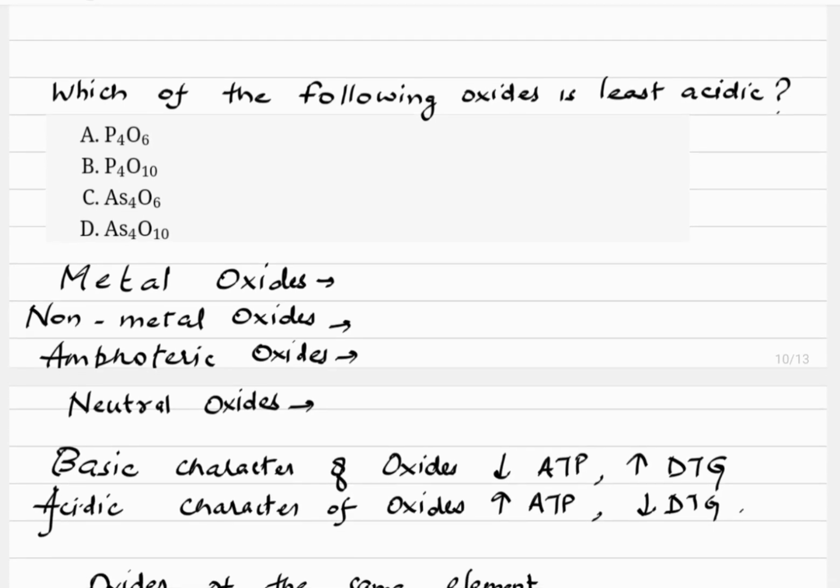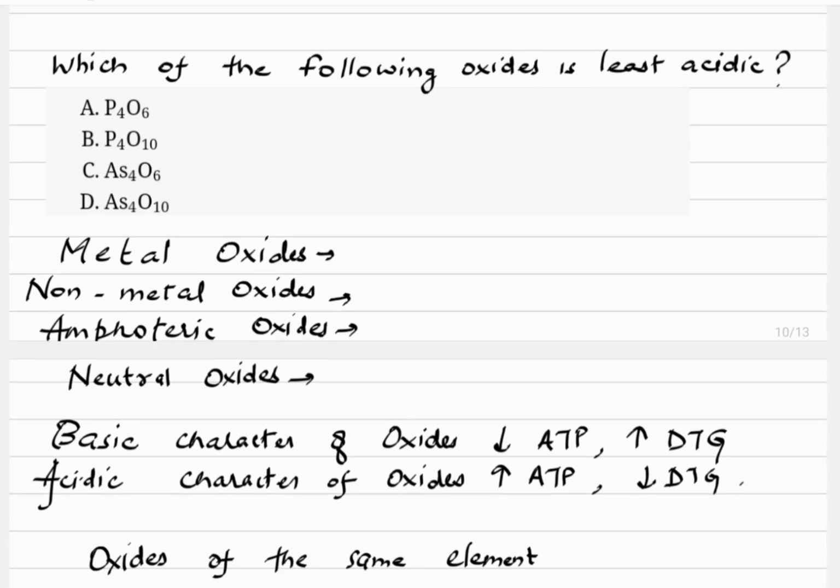Which of the following oxides is least acidic? Before we solve this question, let's talk about oxides in general. Metal oxides are generally basic in nature, and as metallic character changes, the basicity of the oxides will also change.